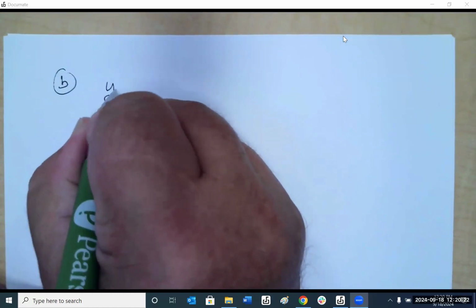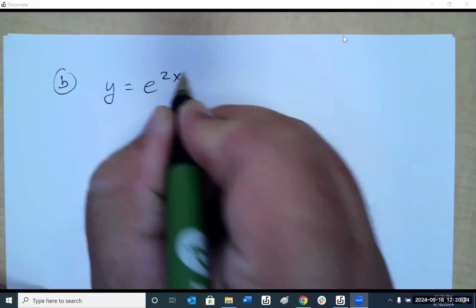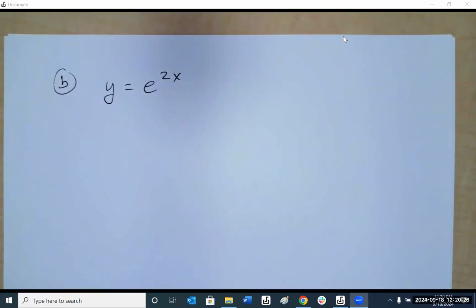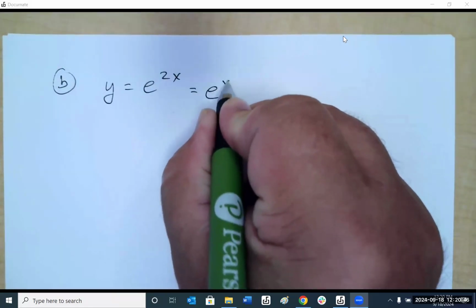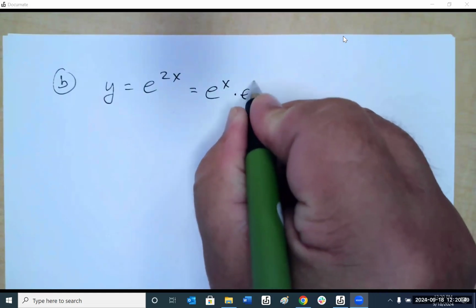Let's try the next one, b. Using the product rule. What does that mean? How do we do that with this? This becomes e to the x times e to the x.